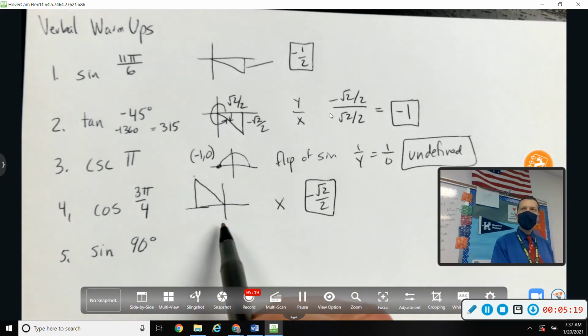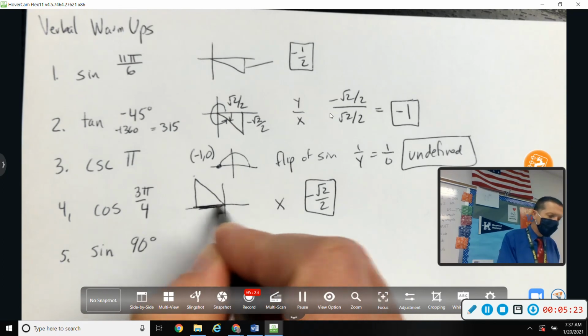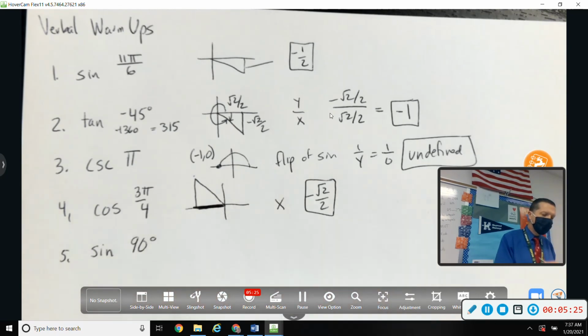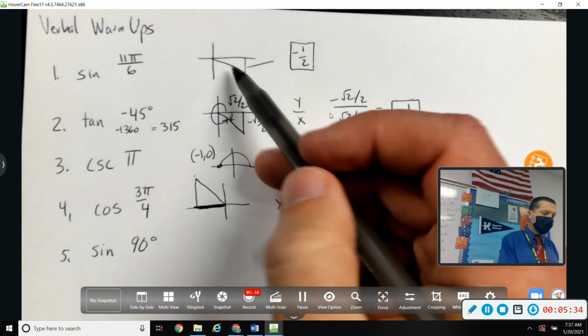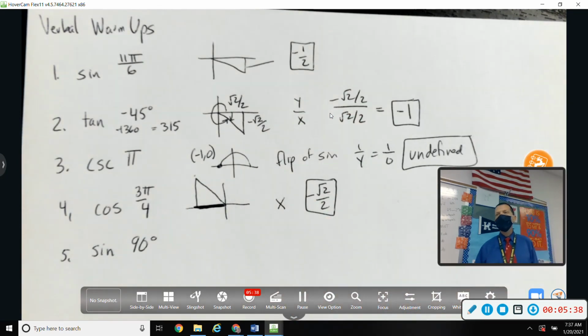The picture may be enough for your brain to say, oh yeah, this is the side I'm looking for. And some of you, I could see you emphasizing that side with how you draw it. That's fine too. Label and draw whatever you need to help you get the right answer. I would at least want to see the picture and the answer. Anything else in there is up to you.